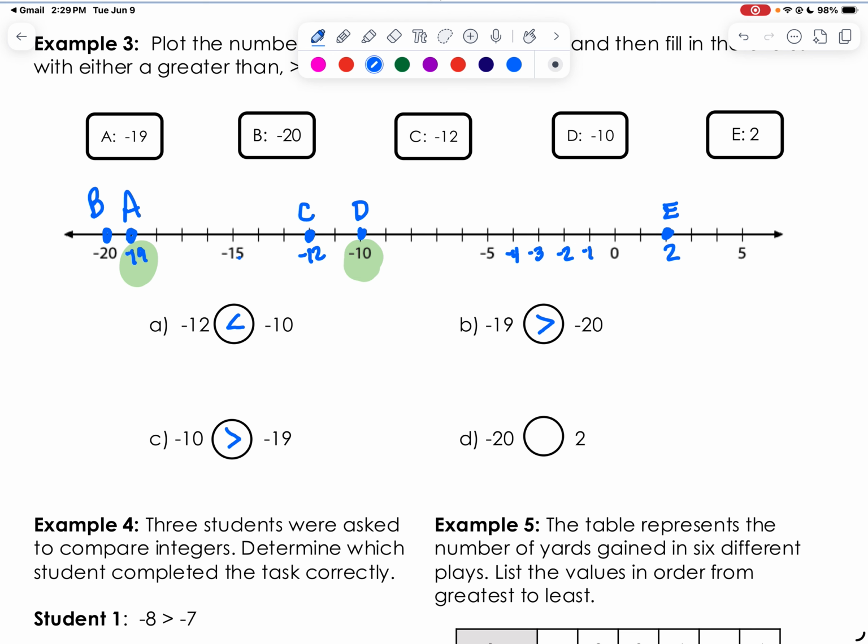So negative 10 is greater than negative 19 because it lies to the right of negative 19 on the number line. All right, problem D. Pause the video and try this problem on your own. All right, welcome back. In problem D, we were comparing negative 20 to positive 2. Because negative 20 lies to the left of 2, we would say negative 20 is less than 2.